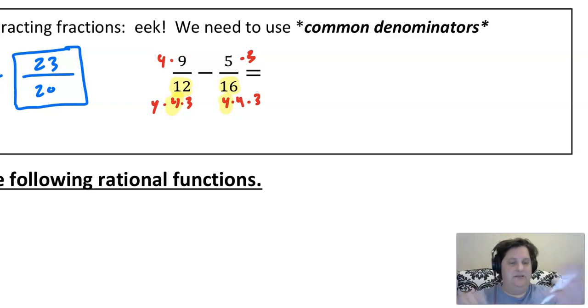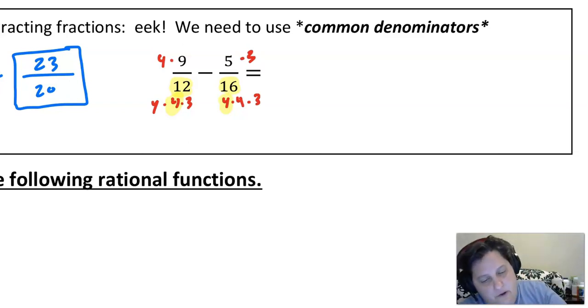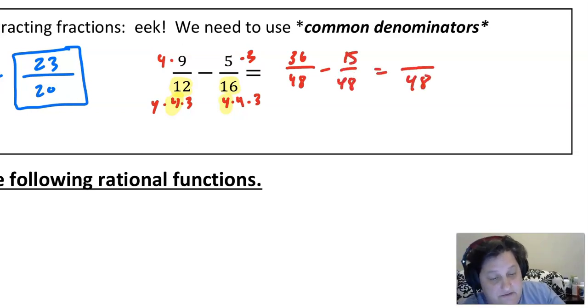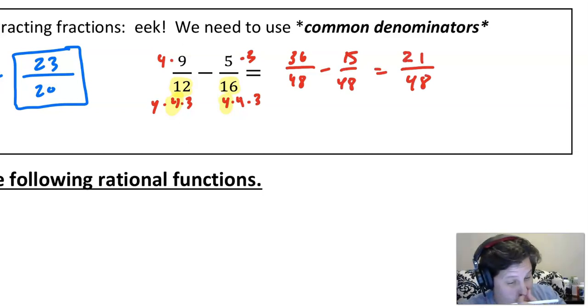I just use the other ones to make sure I get a common denominator. So I end up getting 36 over 48 minus 15 over 48, which gives me 21 over 48.